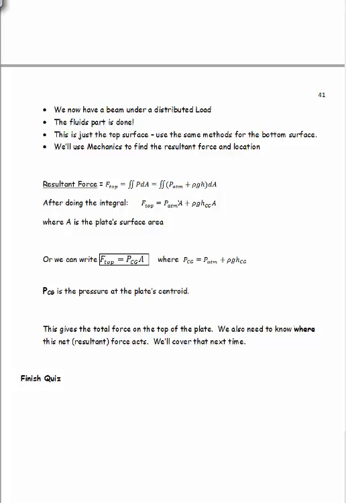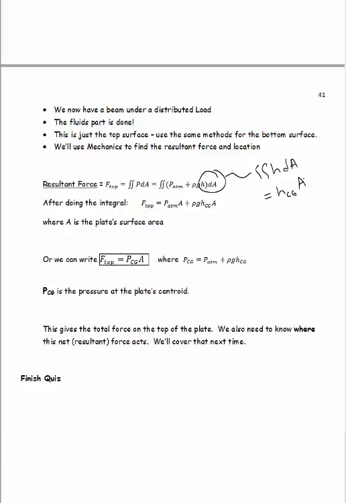It's just P atmosphere times A. The second part turns out, through the definition of the centroid, that the integral of h dA over the whole area is going to equal h center of gravity times A. It's kind of like the definition of the centroid, which you probably did in statics class.